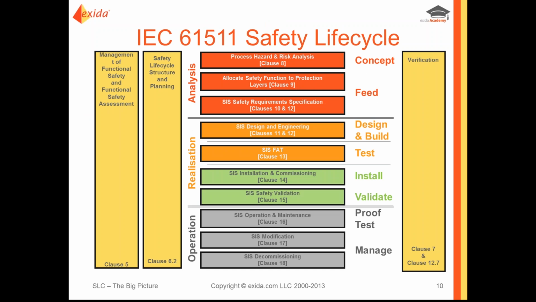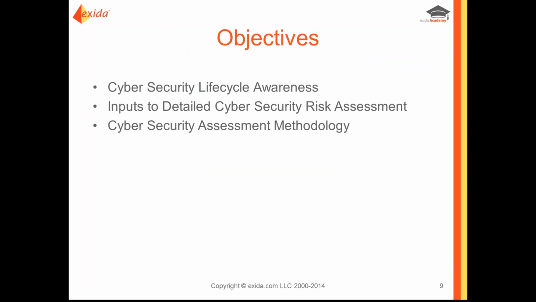So the objectives of this course primarily focus on a methodology to perform a cybersecurity risk assessment, which is designed to identify potential hazards that can arise from a cybersecurity attack on a process control or a protection system. We'll take a look at the inputs that are needed for that detailed cybersecurity risk assessment, and also review the overall cybersecurity risk methodology.